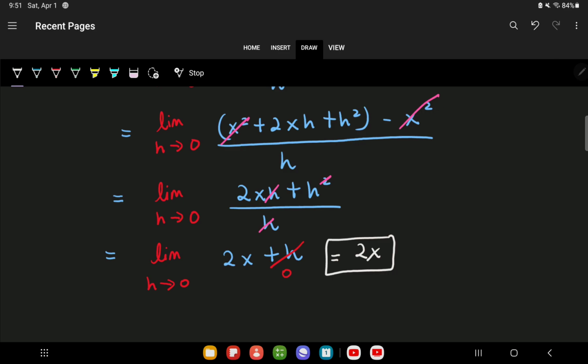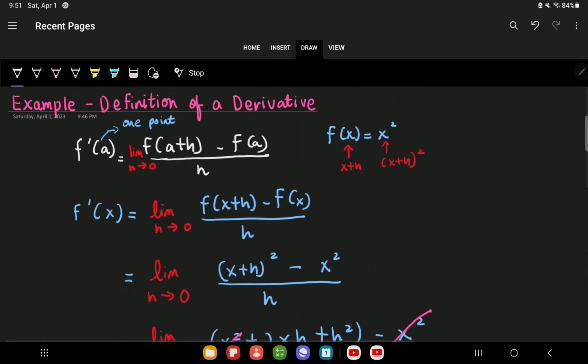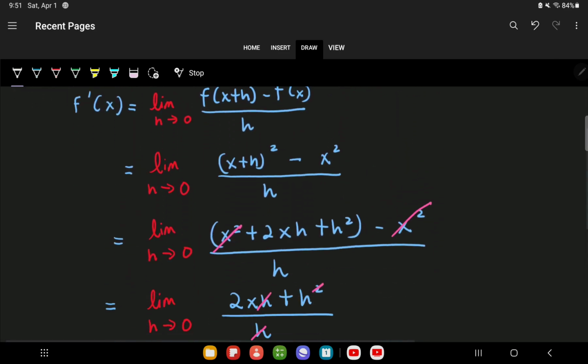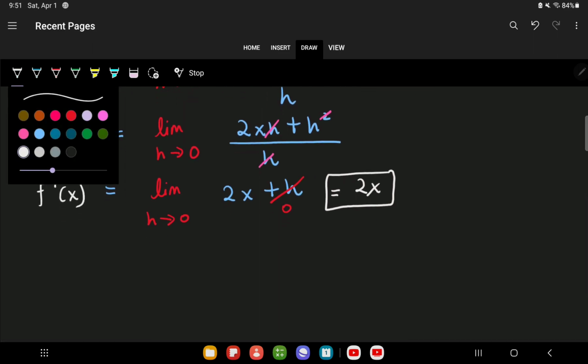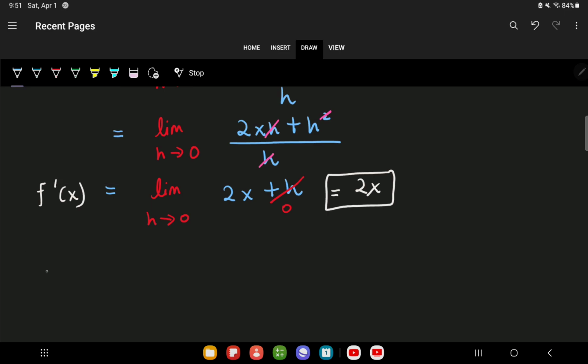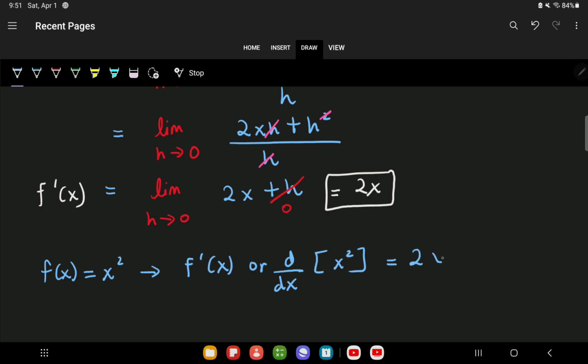So let's conclude. We started with f of x equals x squared, and we ended with f prime of x equals 2x. So the derivative of f of x equals x squared, f prime of x, or also known as d dx of x squared, is equal to 2x.